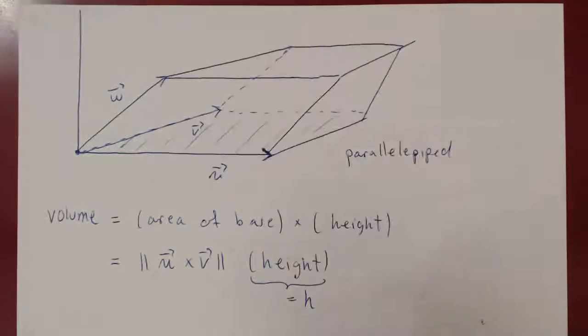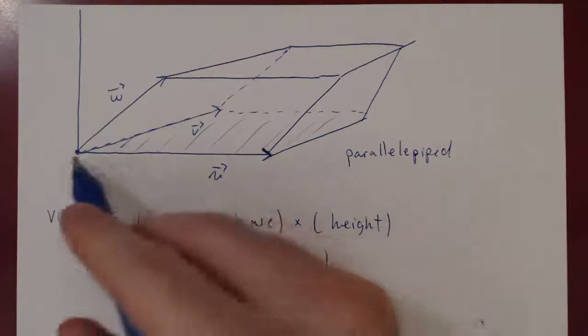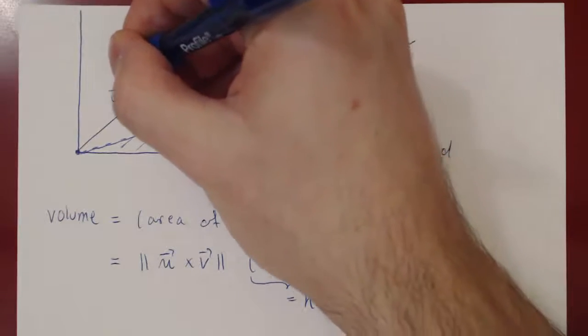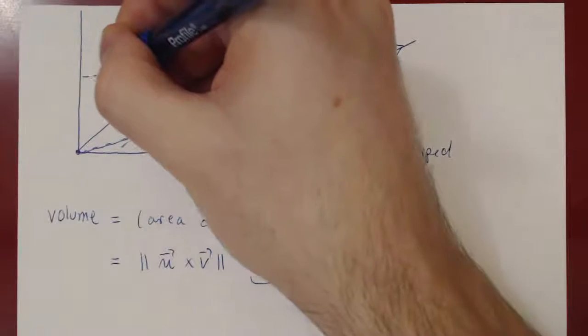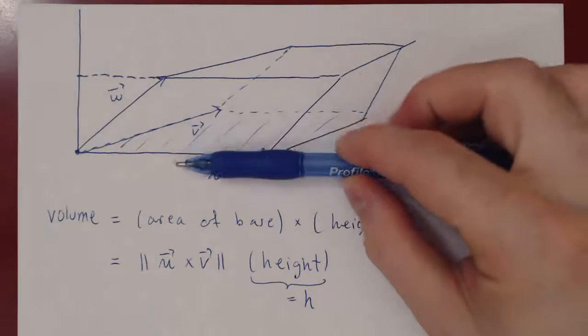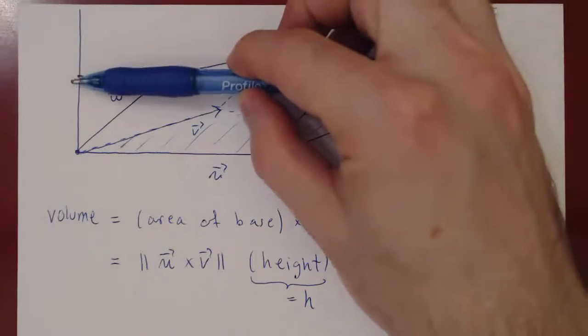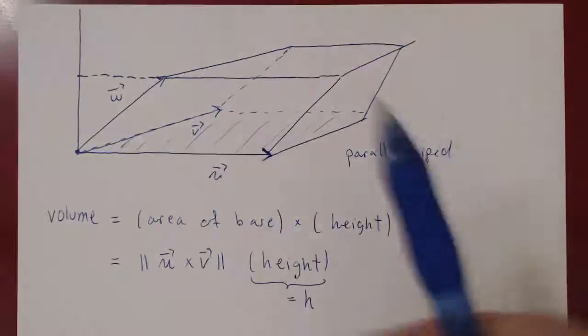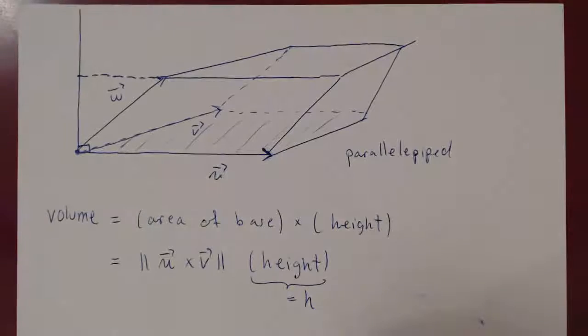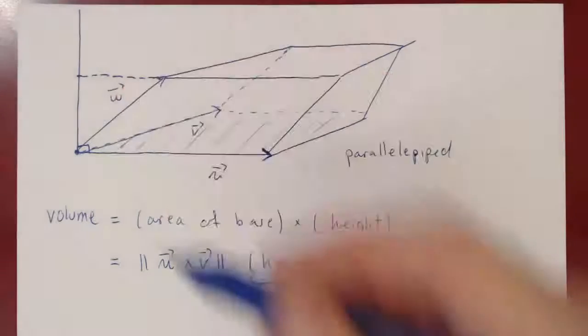So draw a line that is perpendicular to both vectors u and v, and you can see the height would be the length of this segment right here, right? The height of the solid is the length of this segment. And this meets the vectors u and v in a perpendicular form.